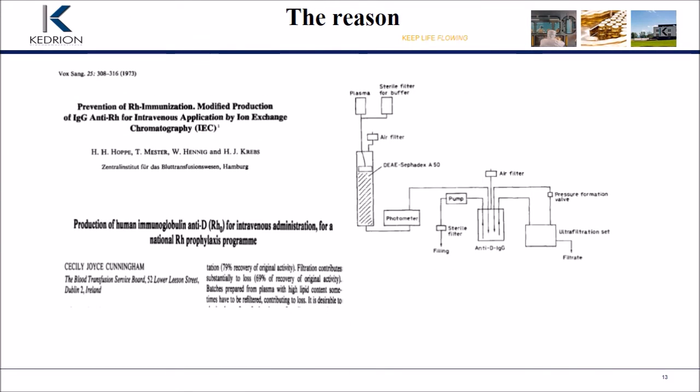Why did this happen? This happened again because of manufacture. In both these countries, there was a great eagerness to produce anti-D immunoglobulin domestically and not imported from other countries. To do this and to get self-sufficiency in order to have enough immunoglobulin, the manufacturing was changed from the Cohn fractionation system to a purely chromatographic method.